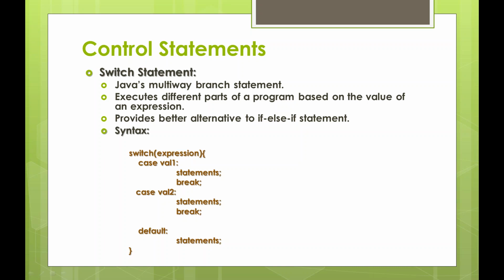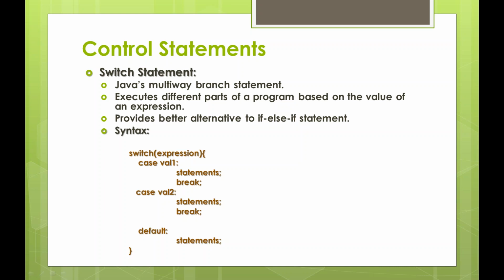You have multiple branches, but only one particular set of statements gets executed. Here, the switch statement provides a multi-way branch. If you use one particular statement, the break statement, it will exit; otherwise all statements get executed. You will see how this gets executed.